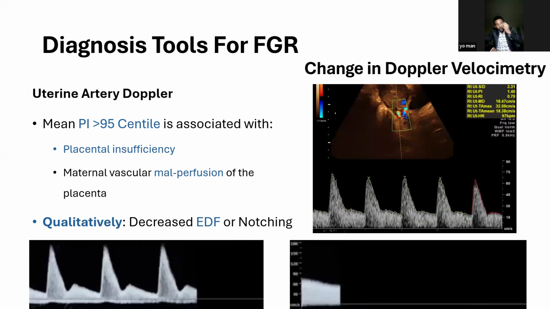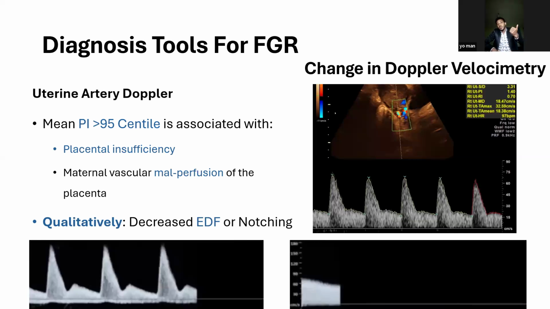The other thing to consider, especially when we do the uterine artery in the second and third trimester, is to check the placental location. If the placenta is anterior or posterior, that's okay. That's no problem to identify and to check the mean PI. But if the placenta is lateral, it could be right lateral or left lateral.